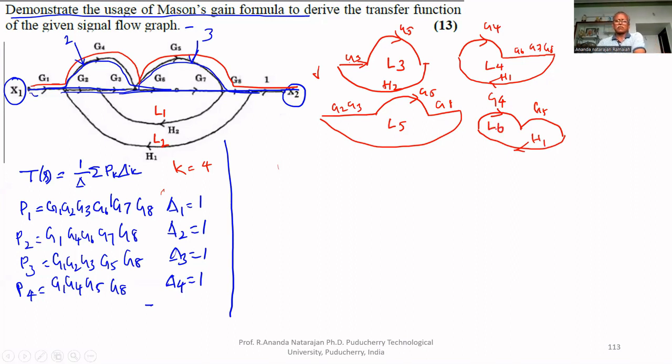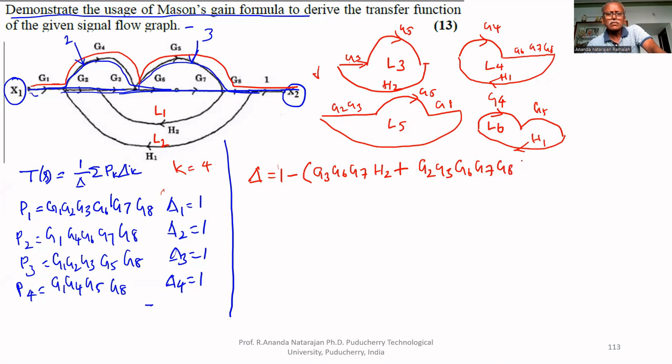So now we have to write the delta. Delta equal to 1 minus the sum of gain products of individual loops. L1 is what? G3, G6, G7, H2 plus L2, which is G2, G3, G6, G7, G8, H1 plus L3, which is G2, G5, H2.